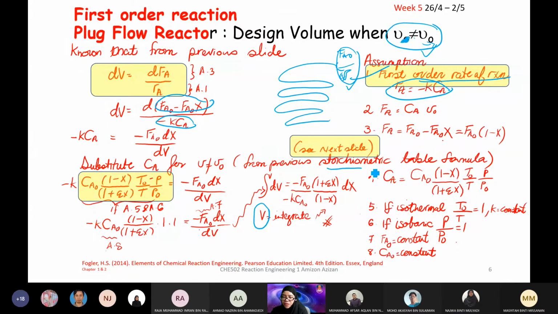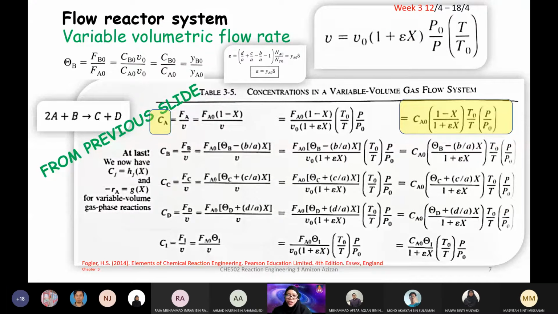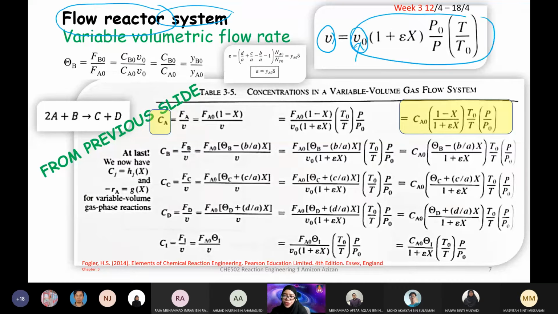If we refer to our earlier stoichiometric table exercise for a flow reactor system, when the volumetric flow rate is variable, as you see from the next slide, this is what you have seen earlier. When the volumetric flow rate is not fixed to the initial, we have an influence of the change of pressure and the change of temperature.